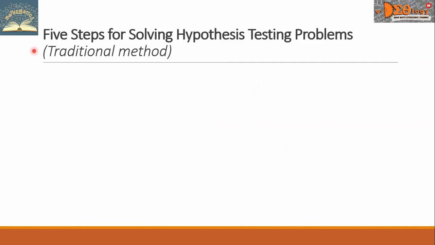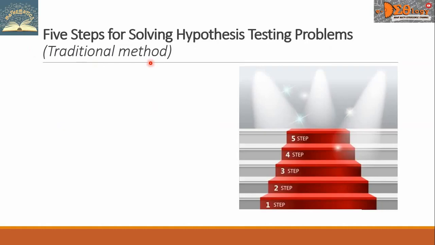Let us first discuss the 5 steps for solving hypothesis testing problems. And this is what we call the traditional method. Step 1 is state the hypothesis and identify the claim.